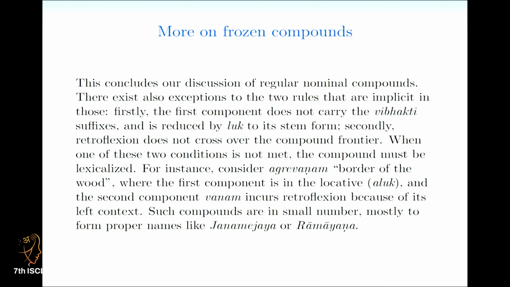This is relatively rare, but it happens, for instance, for a few compounds made with vana. Vana does not have retroflexion. Retroflexion comes from the r of agre. And this is taken care of by a Panini sutra, by the way. So there is no hole in Panini.